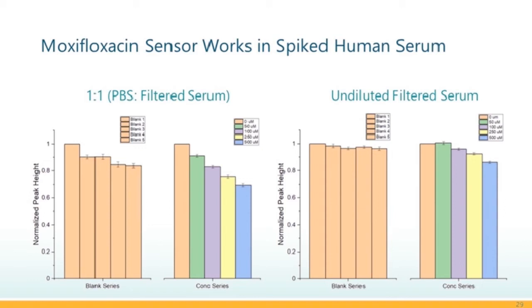You can see that we can detect down to 100 micromolar in the unfiltered and down to 50 micromolar in the 1-to-1 filtered serum samples. So this is very promising as a first experiment.